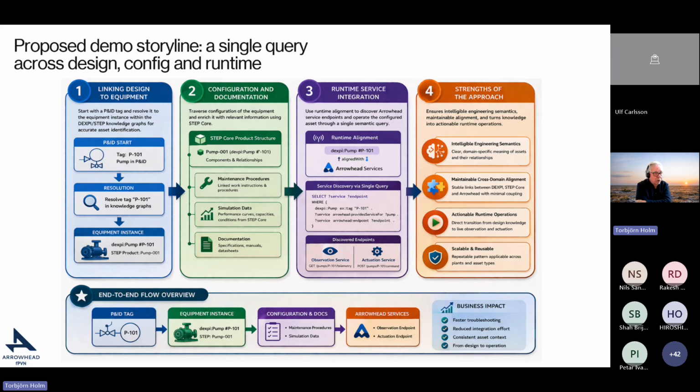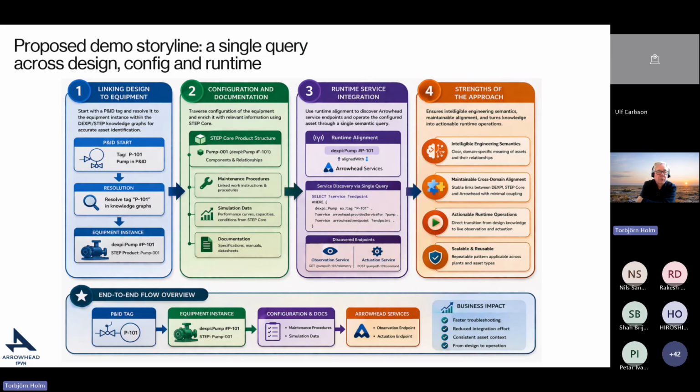And we can follow the history of this. If you have a 35-year-old plant, we could keep track of all changes and all rebuilds and everything in this knowledge graph, and that really gives us a good foundation to understand what's going on in the plant.